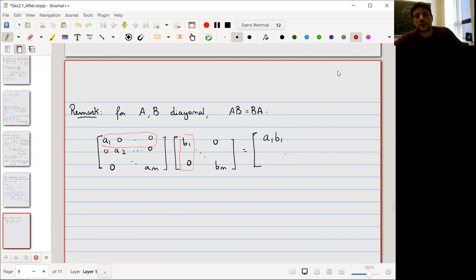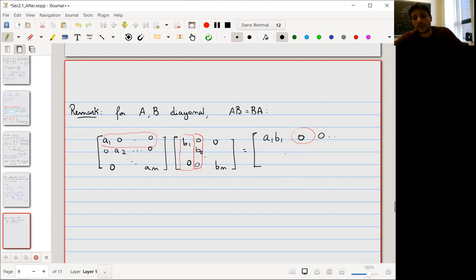But now, if I look at, for example, this second entry here in the second column, I will be multiplying the first row of A with the second column of B. And the second column of B has 0, B2, and then other zeros. So I will have A1 times 0 plus 0 times B2, and then all the rest is 0. So I get zeros here, because the non-zero entries in the first row and second column don't match.